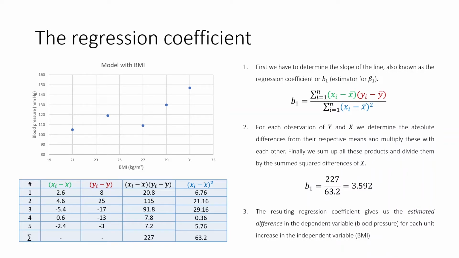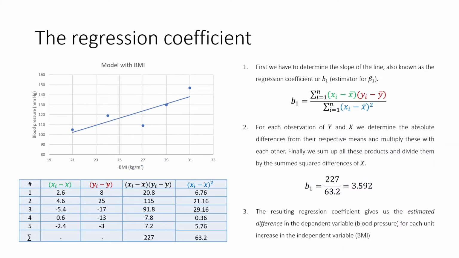And what this indicates is it gives us the estimated difference in the dependent variable, blood pressure, for each unit increase in the independent variable, BMI. So in our case here, the regression coefficient indicates that for each unit of BMI that somebody increases, once again estimated on these data, of course, our estimated blood pressure increases with 3.592.